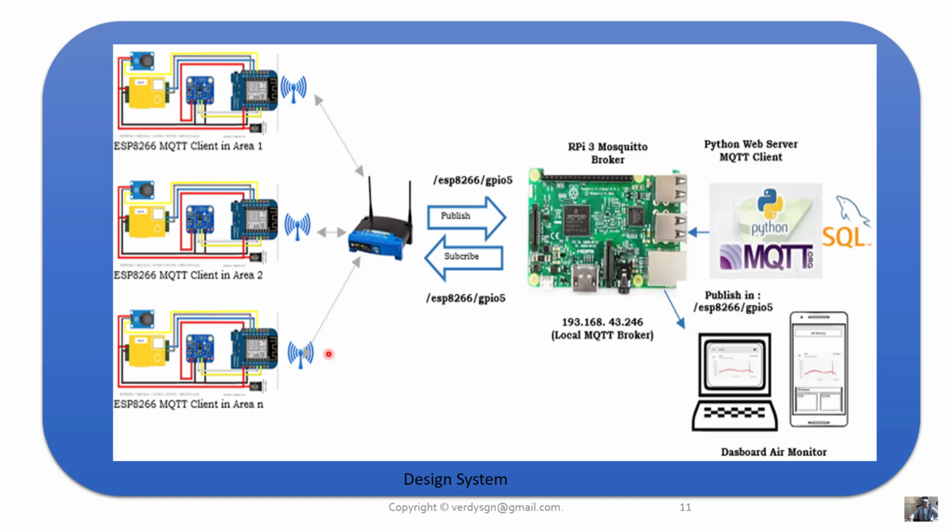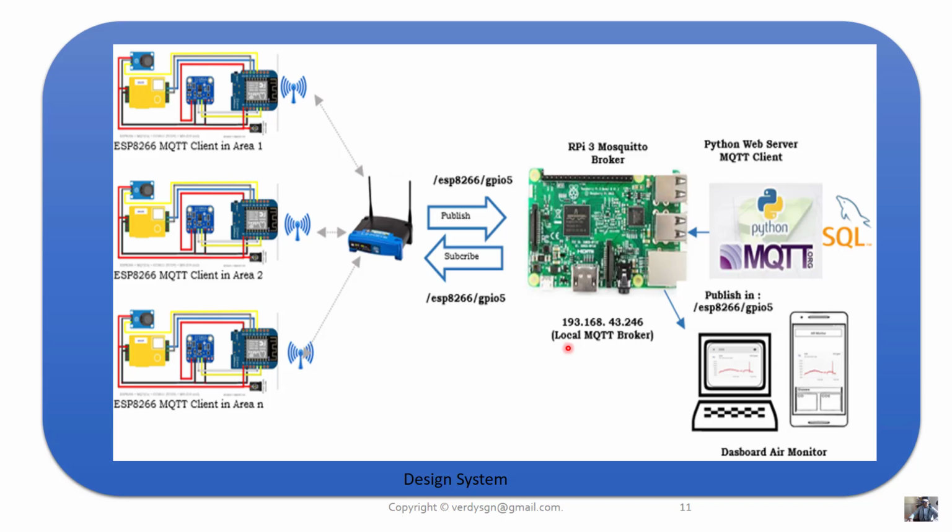And then all the NodeMCUs communicate through an access point connected to the server. The access point can communicate to the RPI by Mosquitto broker, and the server has an IP address.